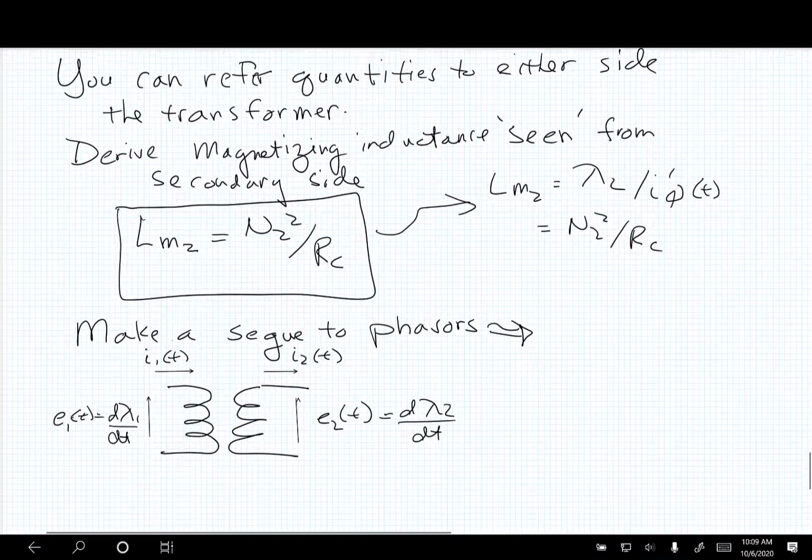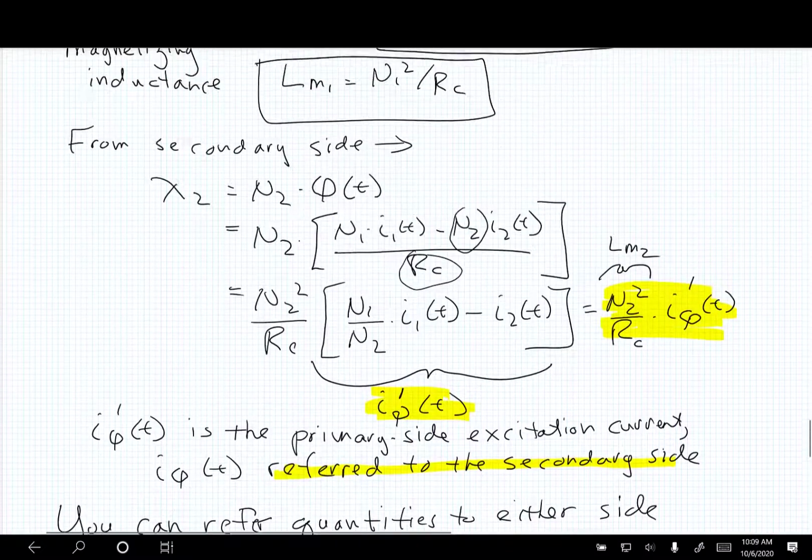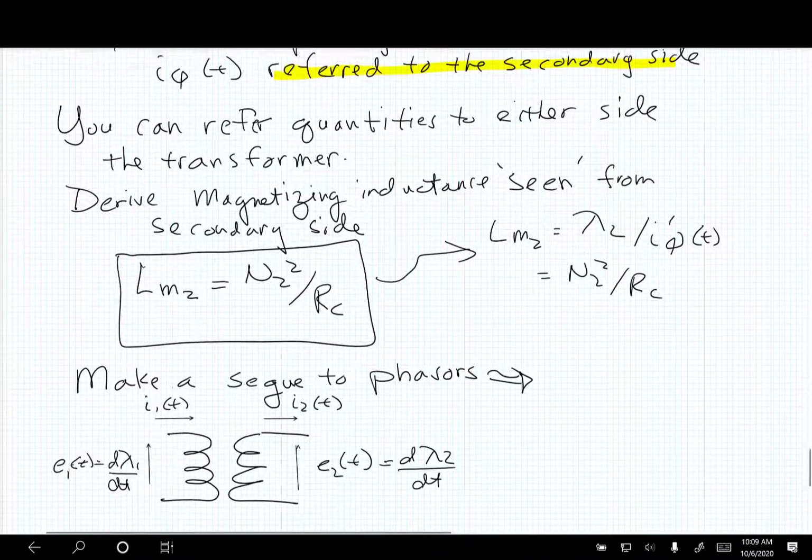And so I'm going to go back and look at what is lambda 1.